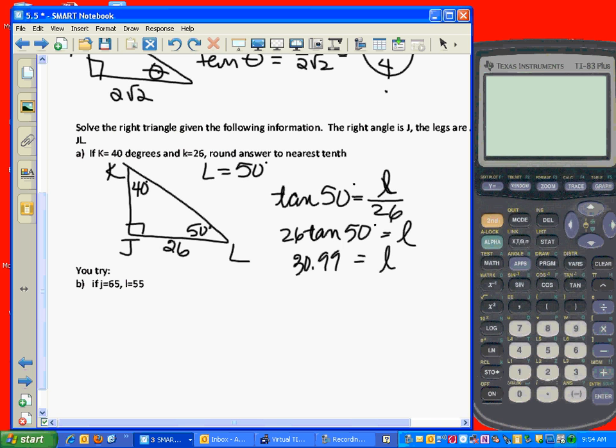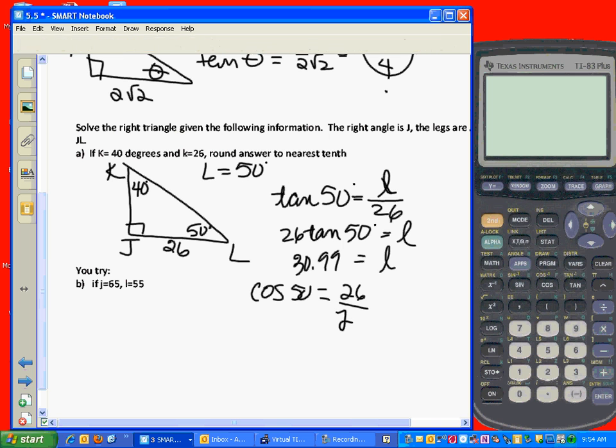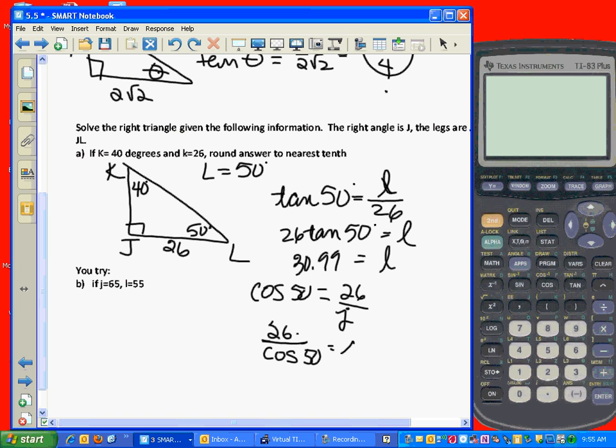And again, I don't want you using the Pythagorean theorem. And those are the values that I got. Are you okay with those? I use 50 degrees.